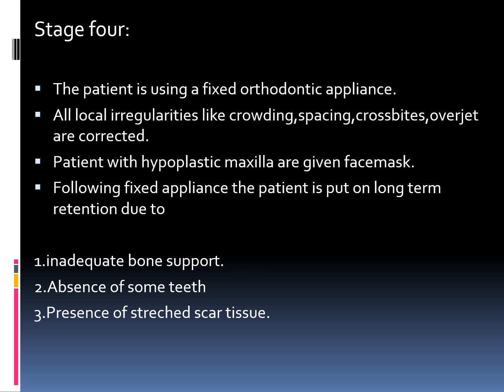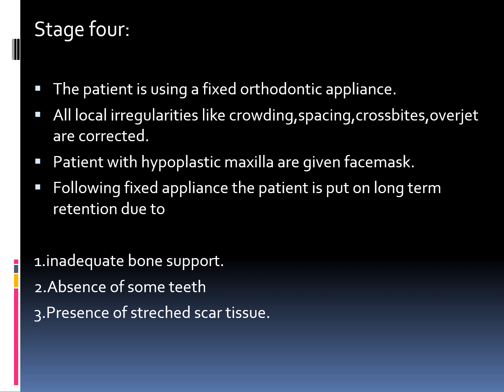When you see that there is still some amount of growth left, you can use some growth modification appliances like your face mask and your reversible headgear based on what the deficiency is, to avoid extensive surgery in the future.